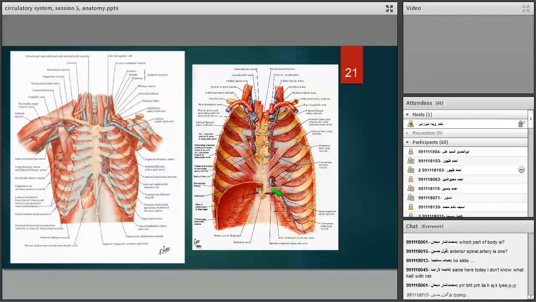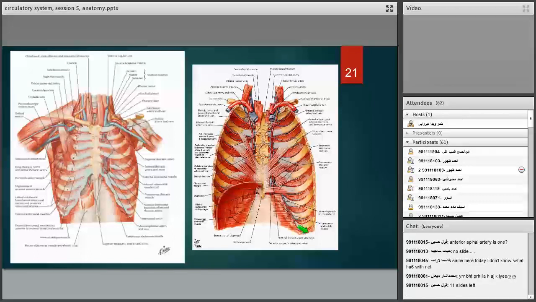The musculophrenic also is sending anterior intercostal branches to the 6th, 7th, 8th, and 9th intercostal spaces. Here also we can see the internal thoracic arteries and veins.